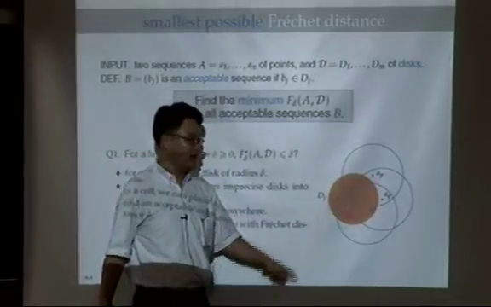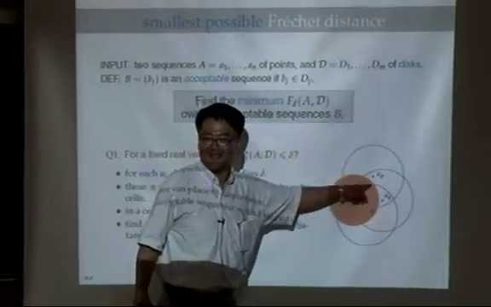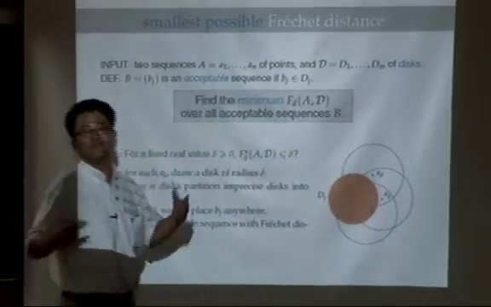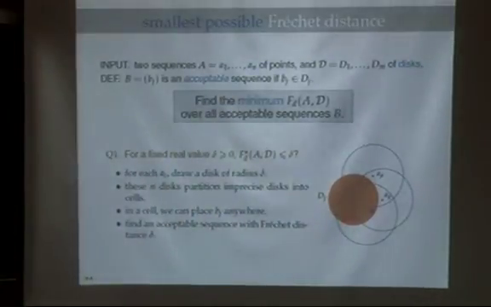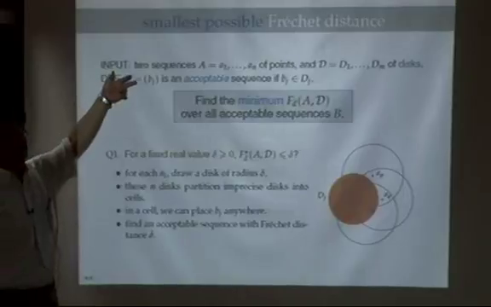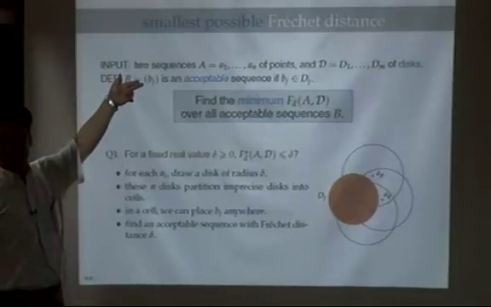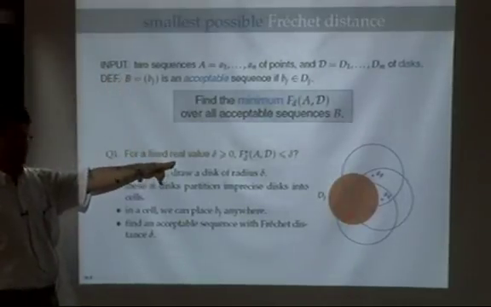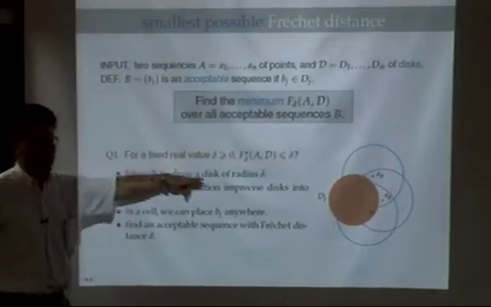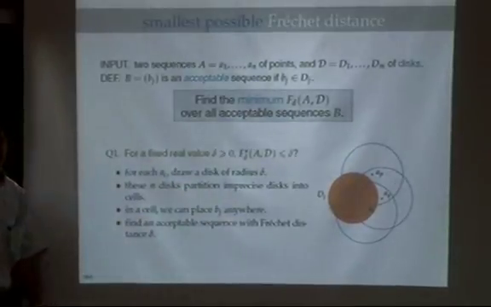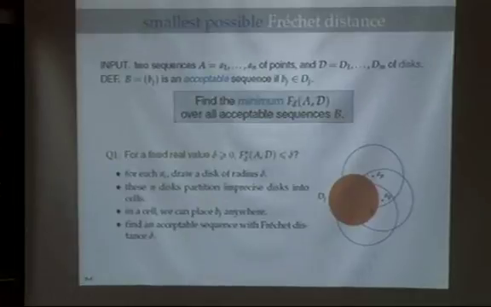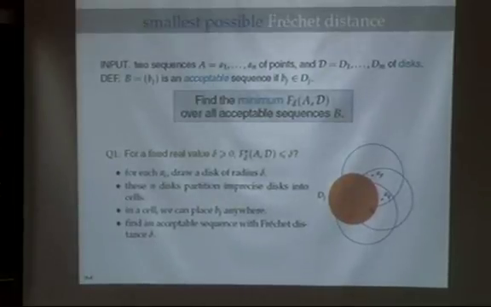So we only have a finite number of candidates instead of an infinite number of dog placements, right? So we had an infinite number of acceptable sequences, but for this decision problem, we only have a finite number of placements. This is already a great improvement from infinite to finite.